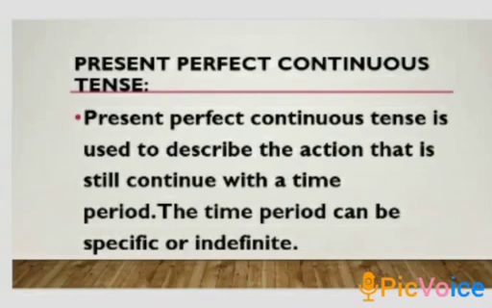So let's see what present perfect continuous tense is. Present perfect continuous tense is used to describe an action that is still continuing within a time period. The time period can be specific or indefinite.